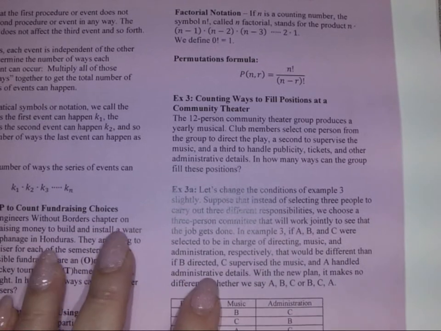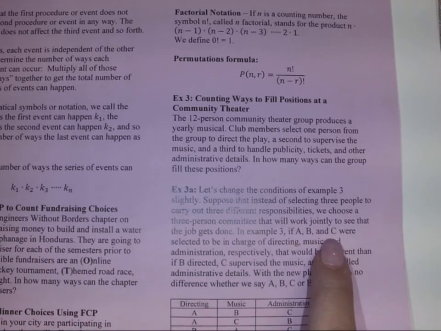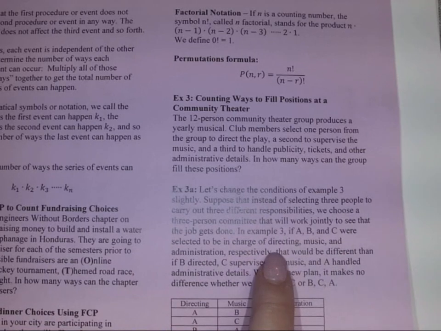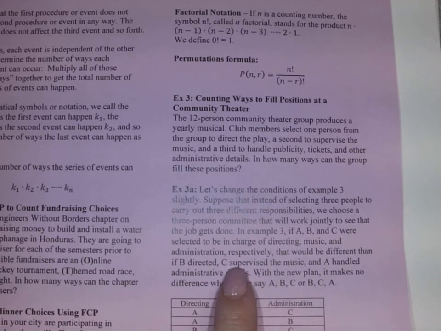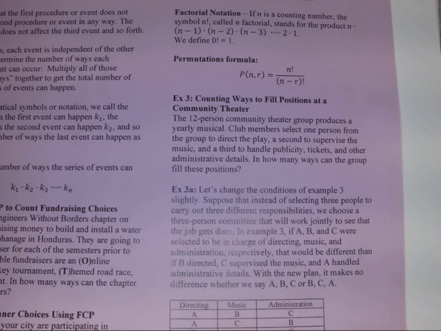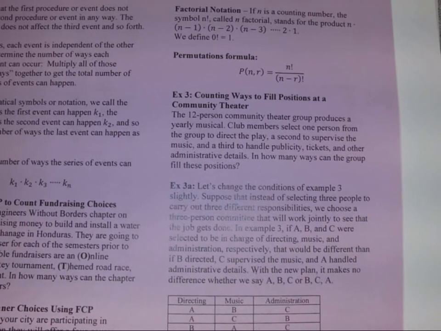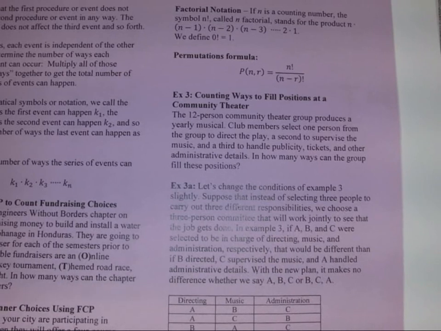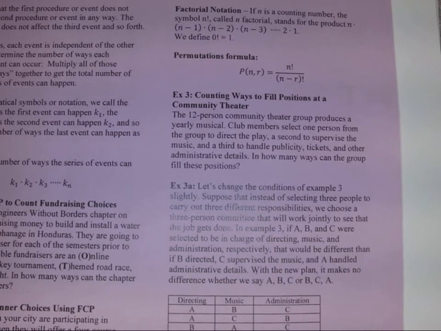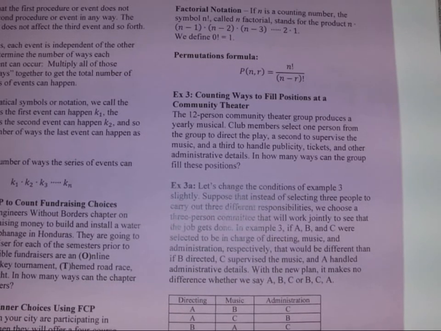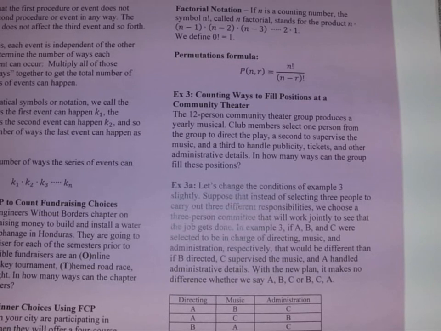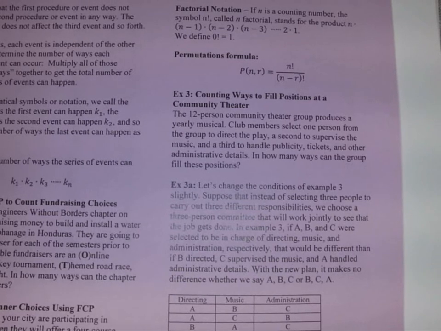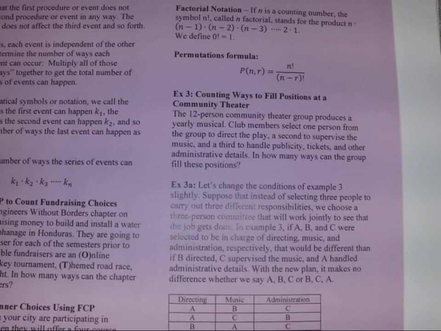So in example 3, if A, B, and C were selected to be in charge of directing, music, and administration respectively, that would be different if B directed, C supervised the music, and A handled administrative details. With the new plan, it makes no difference whether we say A, B, C, or B, C, A. So we're saying that order doesn't matter anymore.